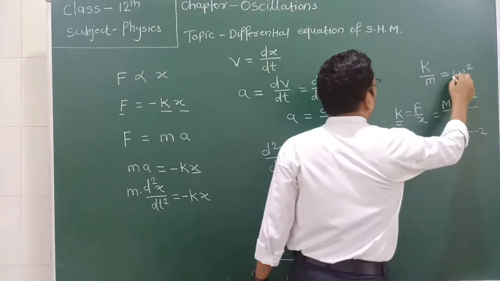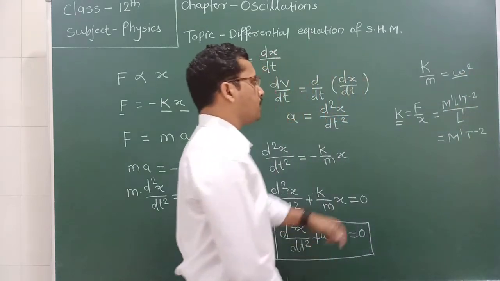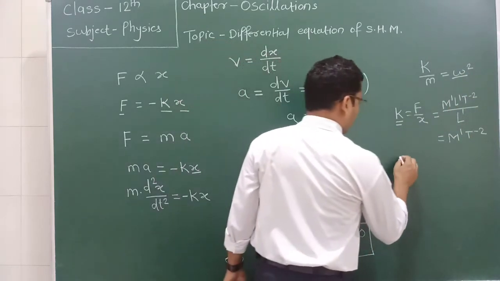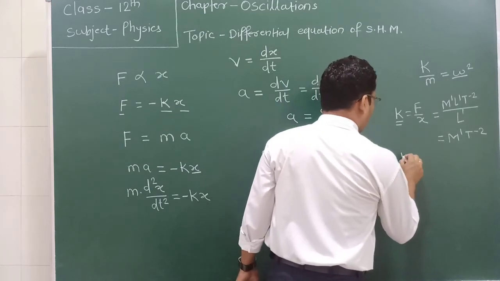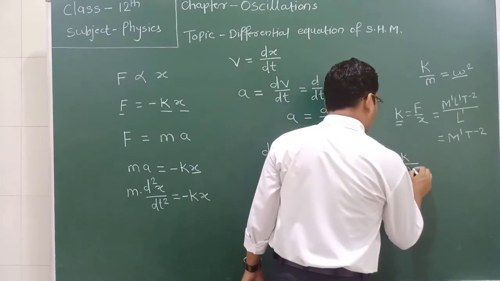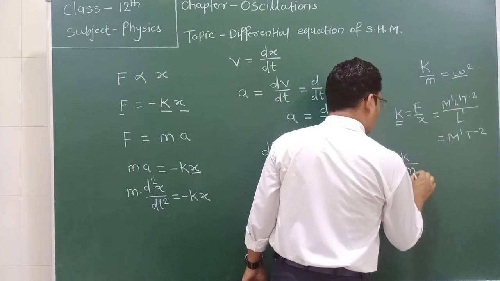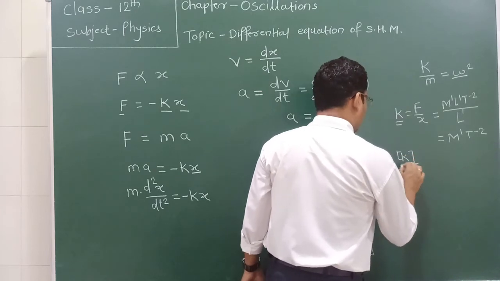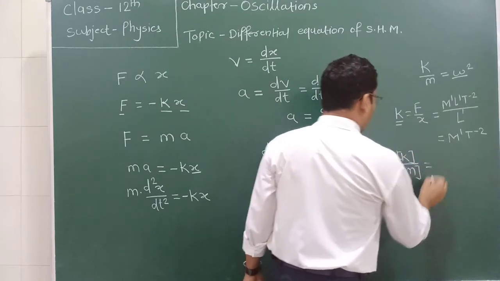Now, if we calculate the dimension of k by m, the dimension of k divided by the dimension of m, that is mass, what do we get?